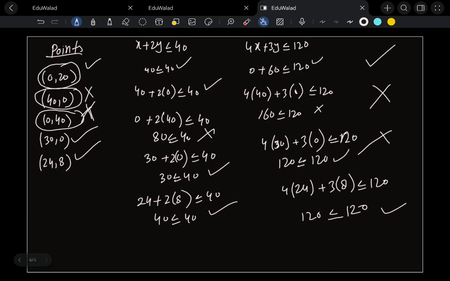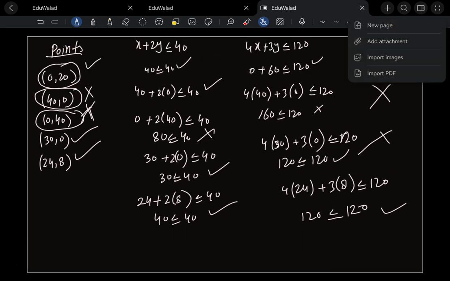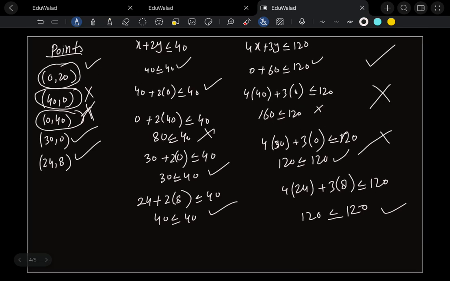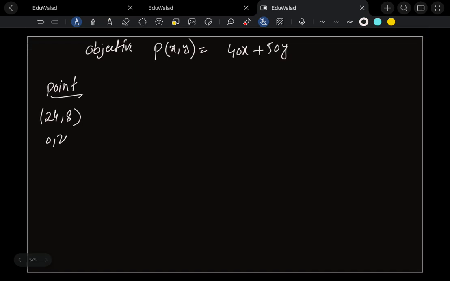Our objective function is P of x and y is equal to 40x plus 50y, and the points that we use here are 24 and 8, 0 and 20, 30 and 0. We put these points one by one in the objective function.